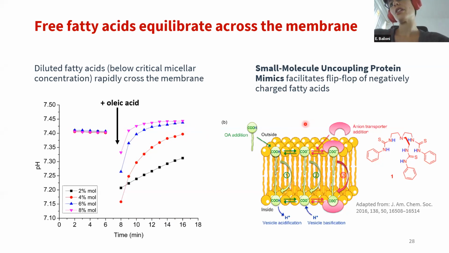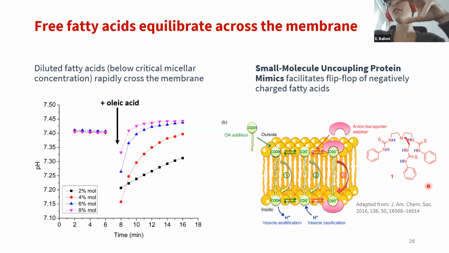I also borrowed this picture on the right from a paper that I really suggest reading. I can recommend it because I found it very interesting. Here, a small molecule uncoupling protein mimic was developed. It is this pink drawing, but the chemical structure is available here.